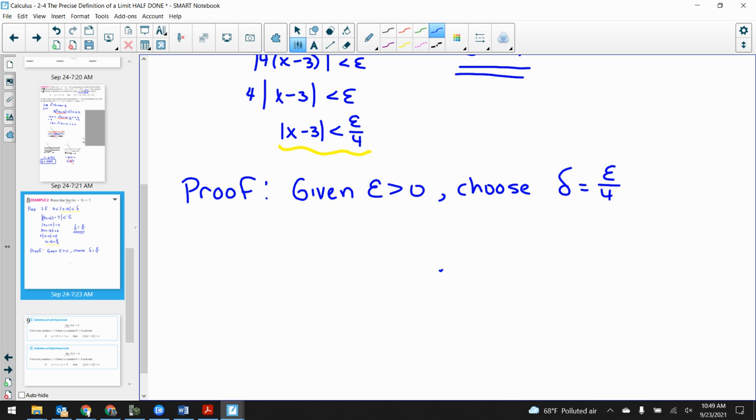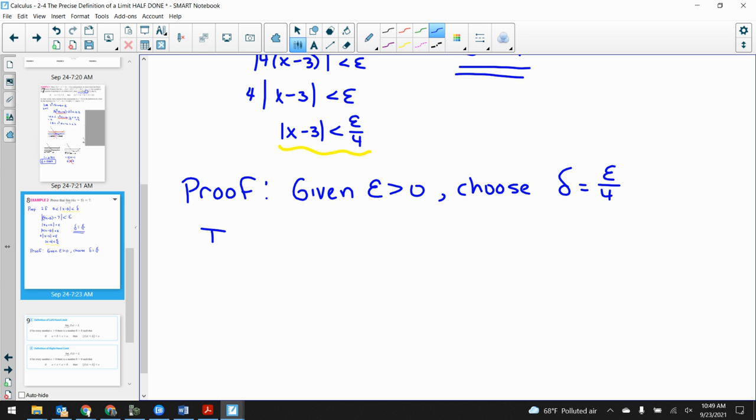This is kind of like our premise. This is kind of like our setup to a proof. If you were in geometry, this is my diagram. This is my, these two triangles are congruent, prove something else. So this is my premise. Given that epsilon is greater than 0, we're going to choose delta that is epsilon over 4.